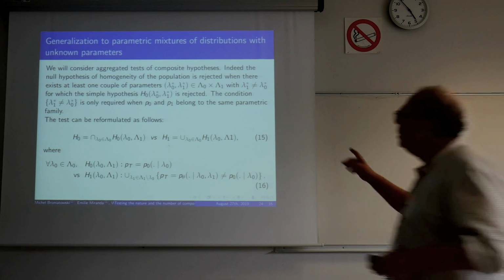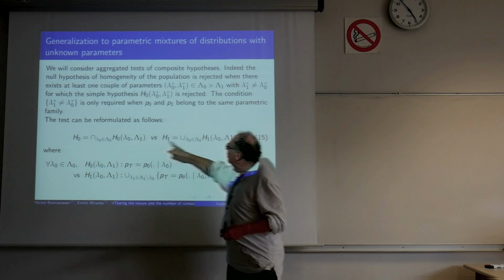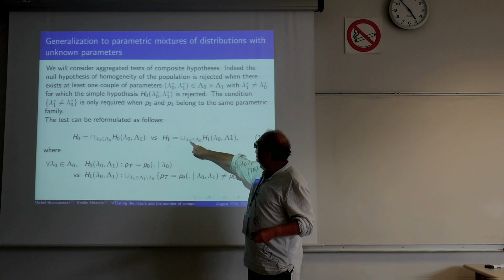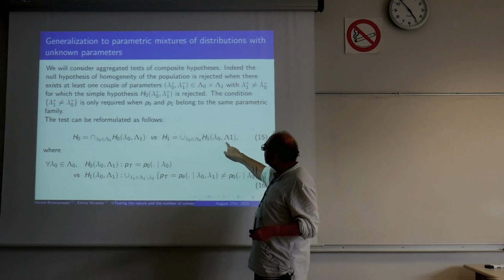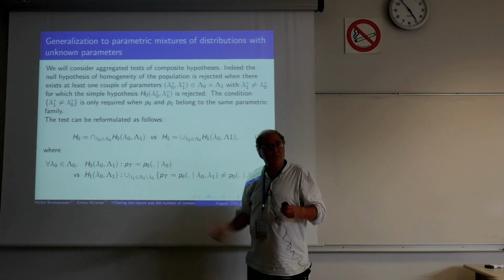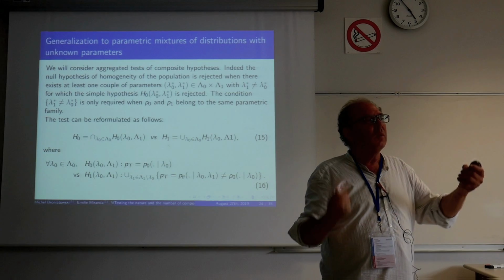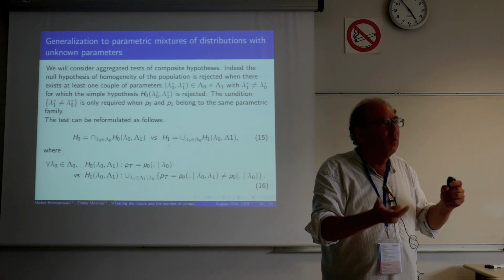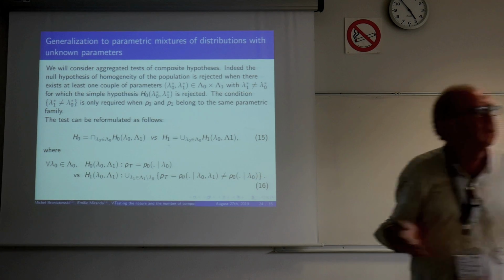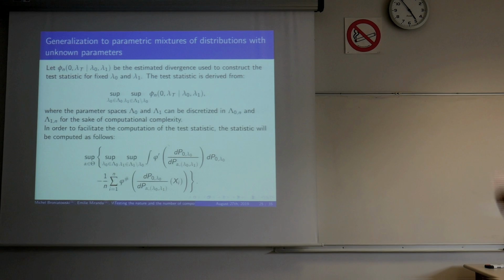So this is what is stated here. And that means that we have this. H1 is whenever there exists a lambda 0 and some lambda 1 in this. And in this case, if ever we're able to reject H0 in favor of this for one and only one choice of this, then we reject the possibility of homogeneity. There should be a discussion about this, but it's okay.